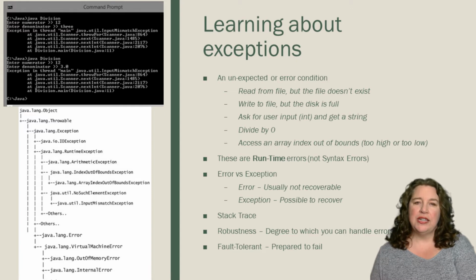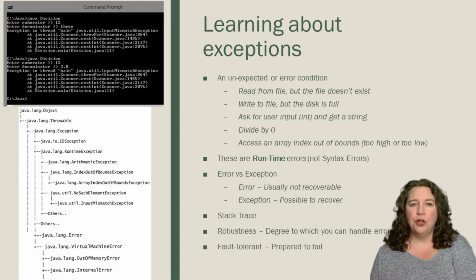Your stack trace is listed from the bottom to the top in terms of where you entered the code. So the very top of your stack trace, when you get your exception or you get your error, is going to be where did it actually crash? This will usually be inside of one of the utility methods.